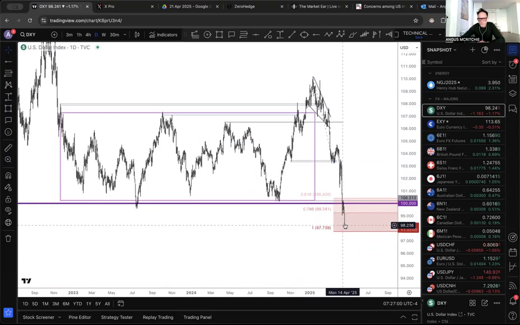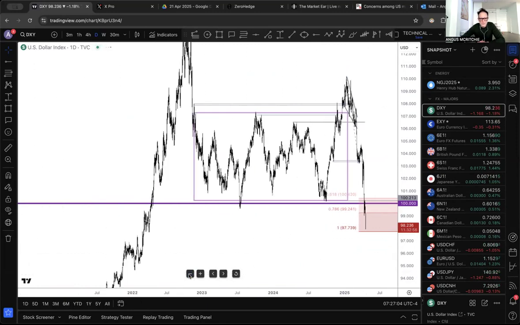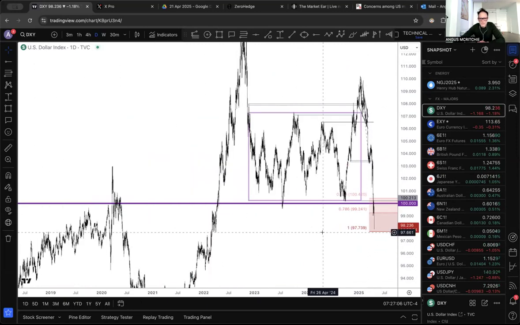We're getting towards a very overextended level, but nonetheless, it is breaking down into clear territory. So at this point, you've got to say that this level down here at about 97.7 could be the next stop for a test, because that would represent the end of the Fibonacci extension, the measured move. So very, very oversold at this point, and also potentially a little bit of a pause here.